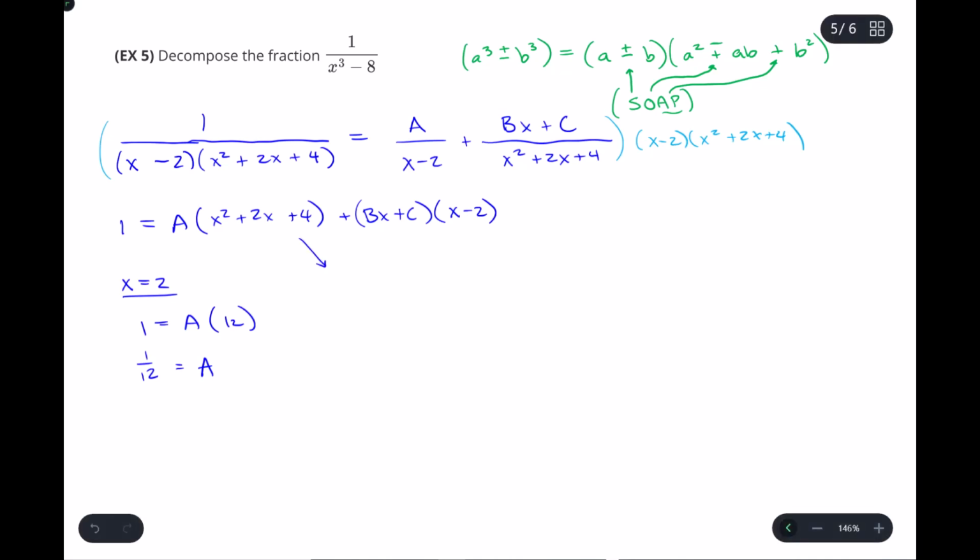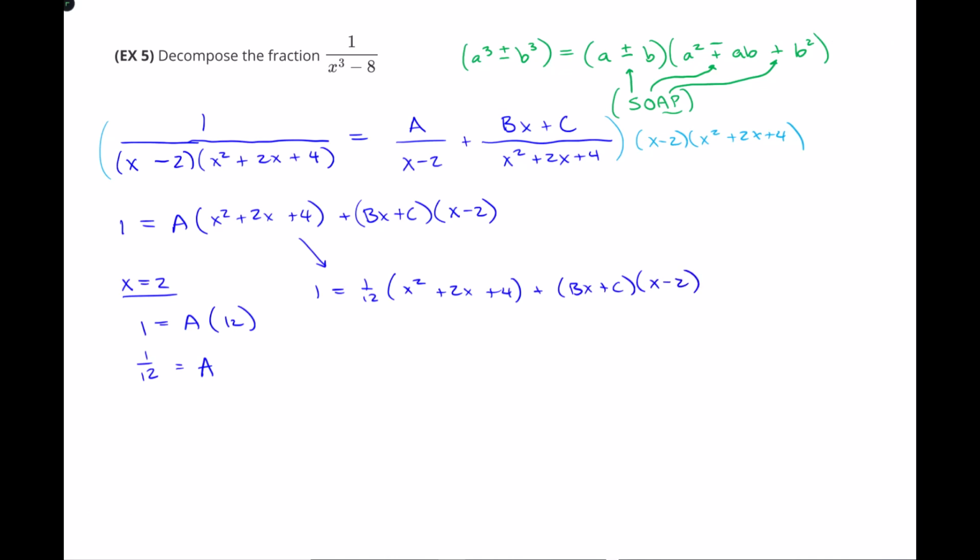I'm just going to take this original and write it as 1 equals 1/12 times x squared plus 2x plus 4, plus bx plus c times x minus 2. And I want to reduce this as much as possible. I want to get just expanded polynomials on both sides.